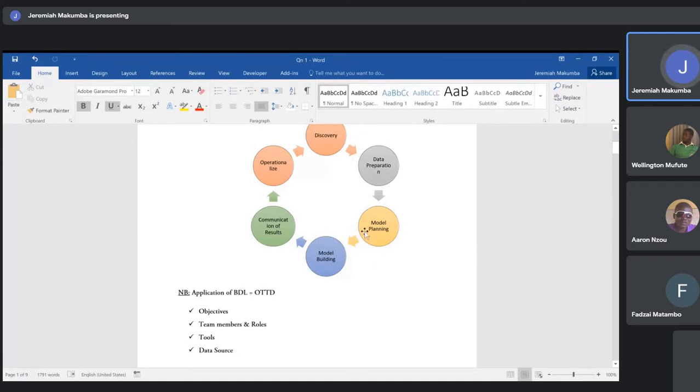On model planning, model building, communication of results and operationalization, we apply the same. So we'll be looking at the objectives of discovery, team members and roles, then the tools and the data sources to be used on the discovery stage, and we do the same as we go through the lifecycle.